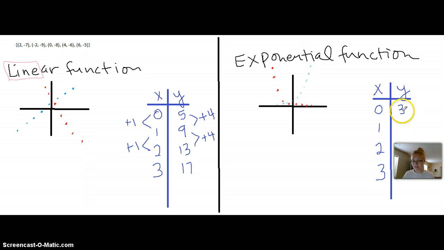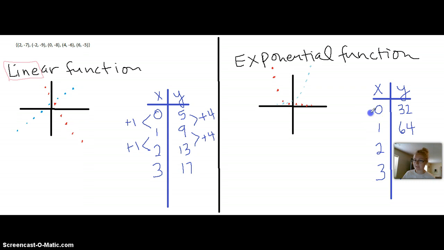And when x is 1, that y is 64. When x is 2, y will be 128. When x is 3, y is going to be 256.